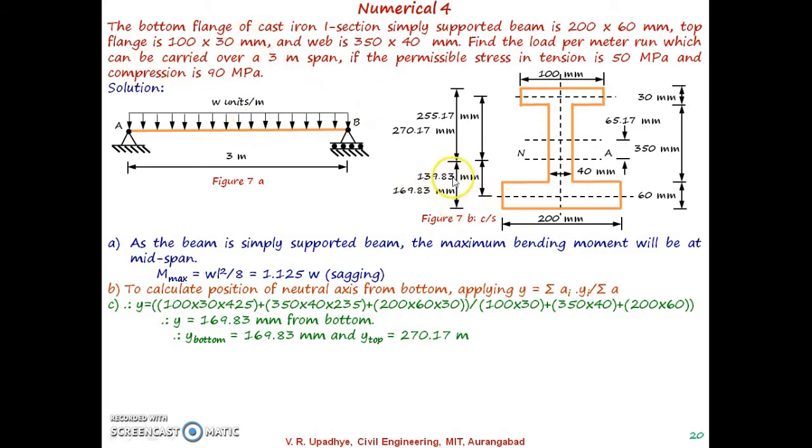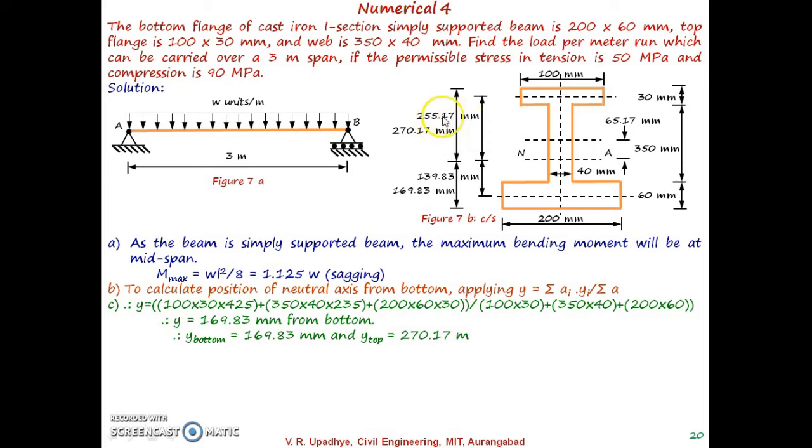What we have discussed earlier is that the y bottom distance is 169.83. That is shown over here. This is 169.83, and this is the position of the neutral axis. And from top, the position of the neutral axis is at 270.17 millimeter, which is written over here.